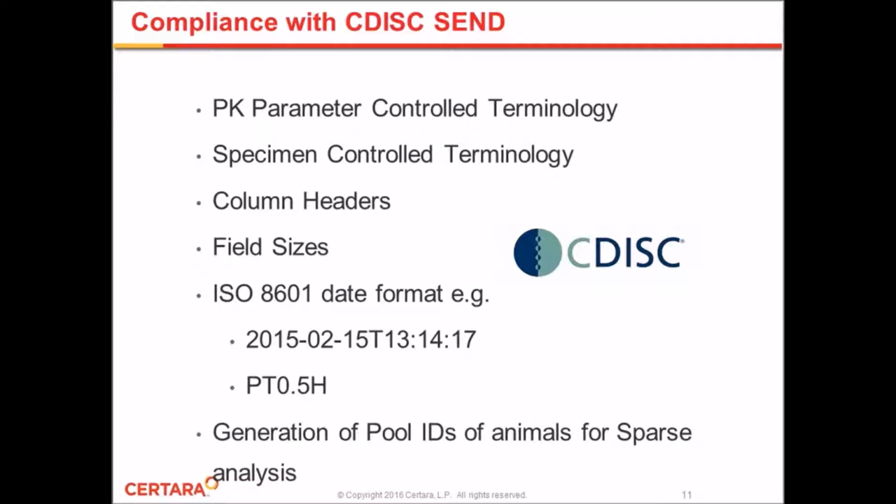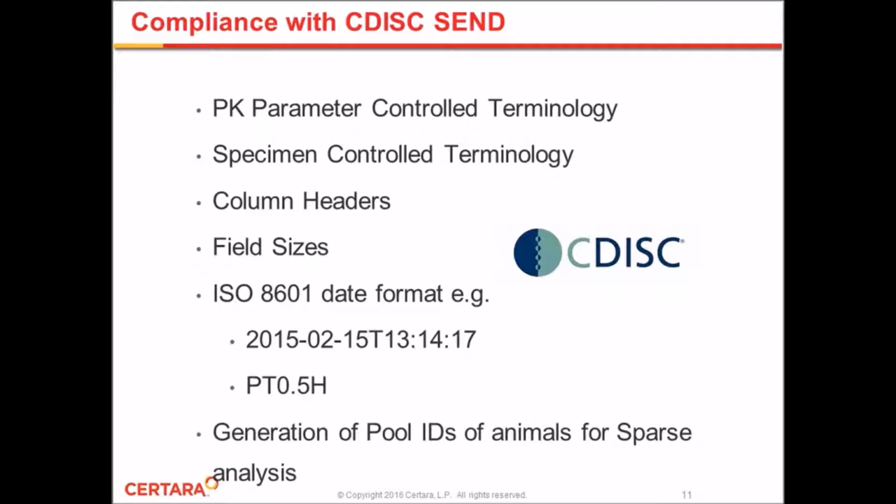Another thing you have to do is provide all dates in ISO 8601 date format. I've given you a couple of examples here. This value here is a date time. You can see it's the 15th of February 2015, but it's also got a timestamp in there, in hours, minutes, and seconds.